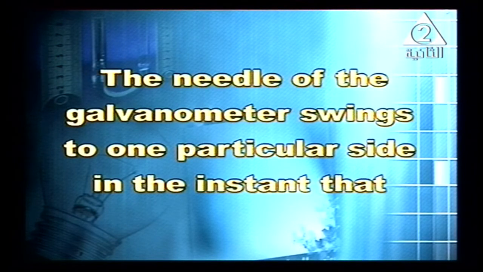Observations. The needle of the galvanometer swings to one particular side in the instant that... As a matter of fact, we've got 6 methods. In 3 methods, the pointer swings to one particular side. We'll mention these 3 methods.